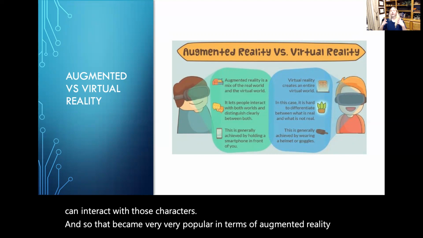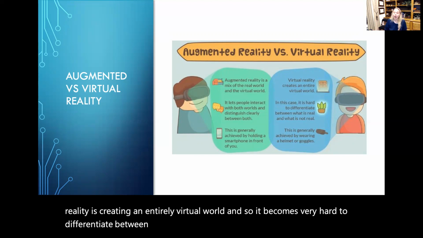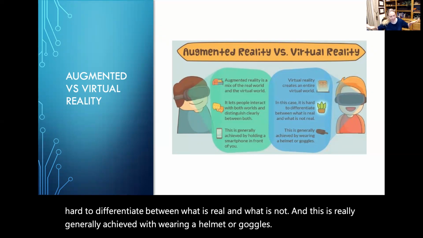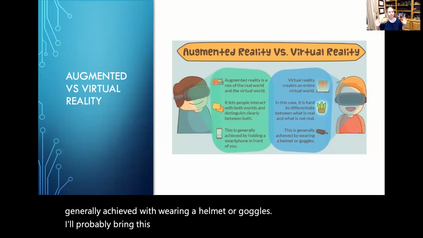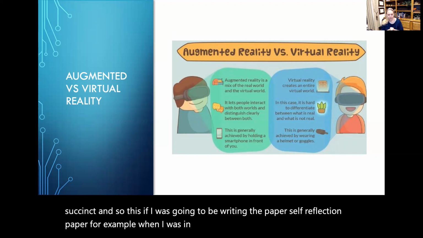Virtual reality is creating an entirely virtual world, and so it becomes very hard to differentiate between what is real and what is not. This is generally achieved by wearing a helmet or goggles. I'll probably bring this example up a couple of times because it was so succinct. If I was writing the self-reflection paper, for example, I would write about when I went to a Star Wars virtual experience.